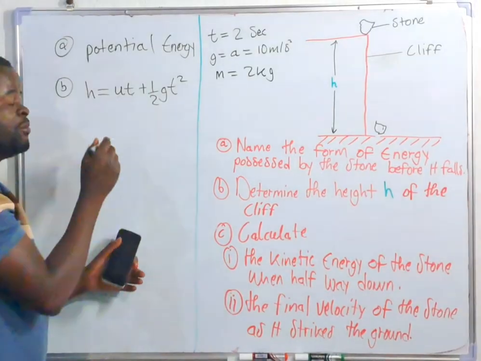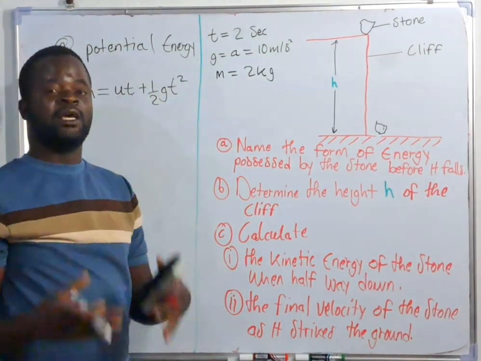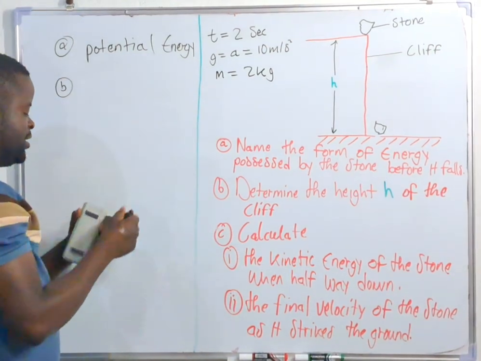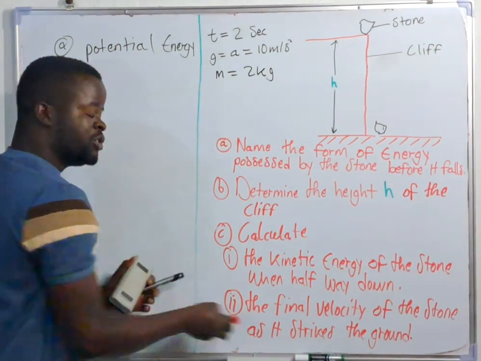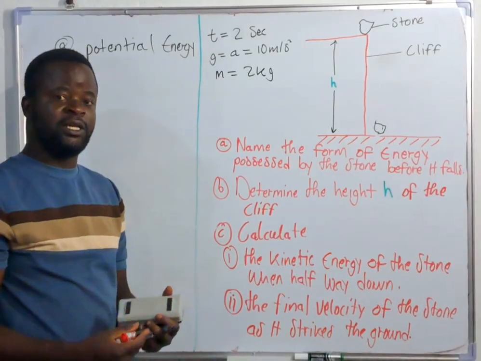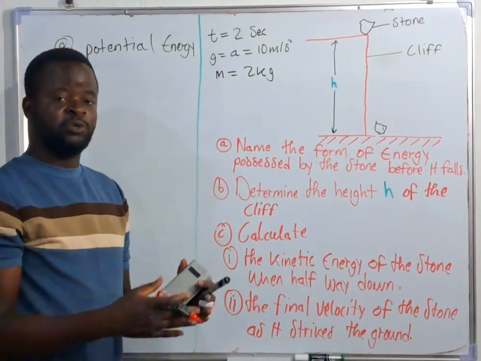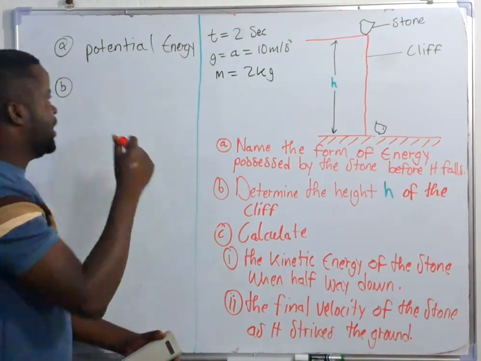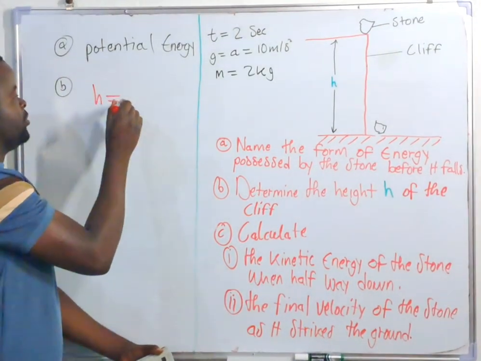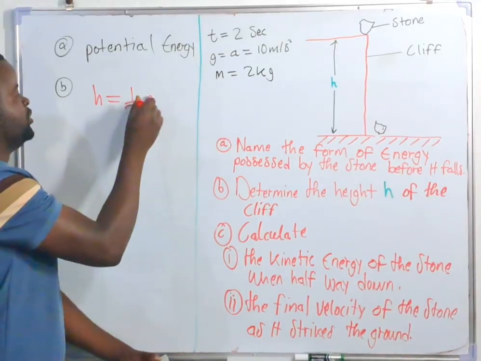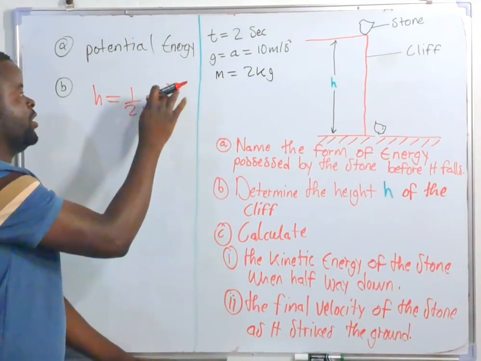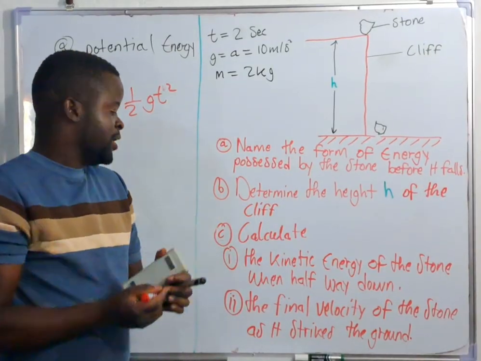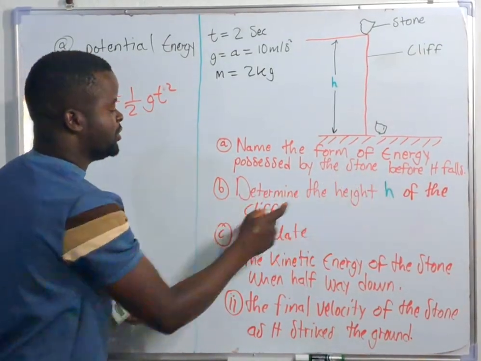So, we can erase this one and make it simple, because I want you guys to understand, more especially the GCE candidates writing the exams in June. You need to understand so that you get the exact formula. So h is equal to half gt squared. This is the formula that you need to use on this particular question.